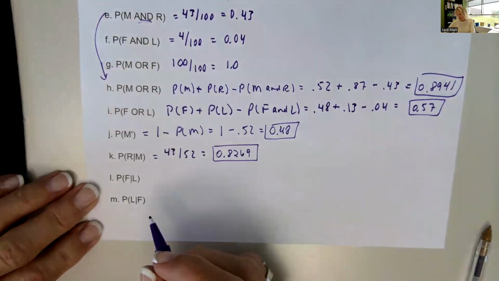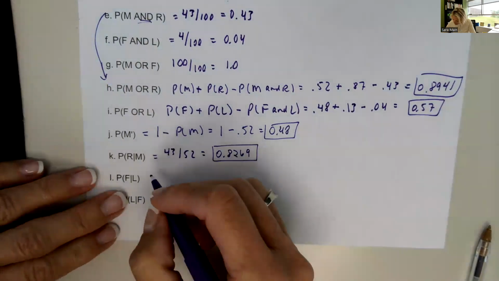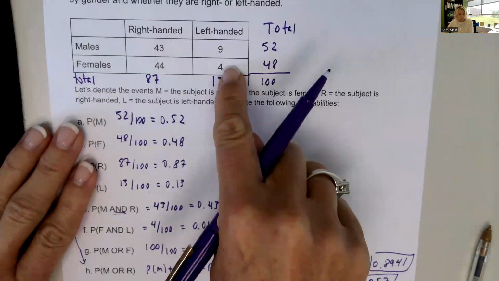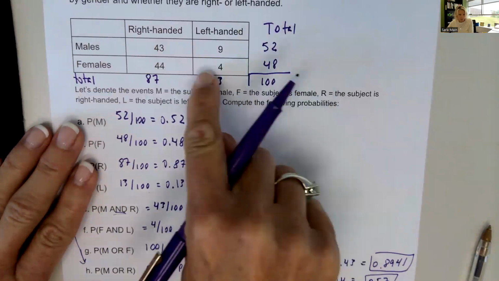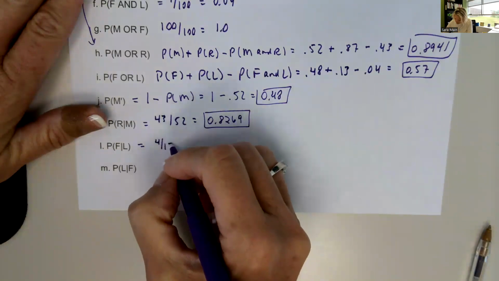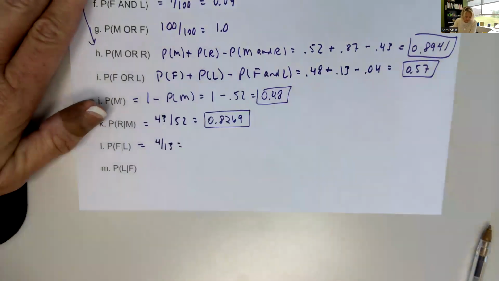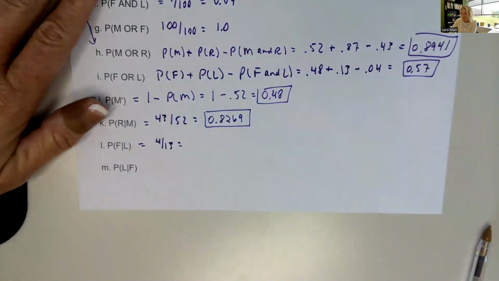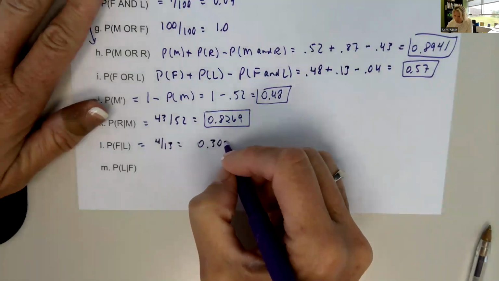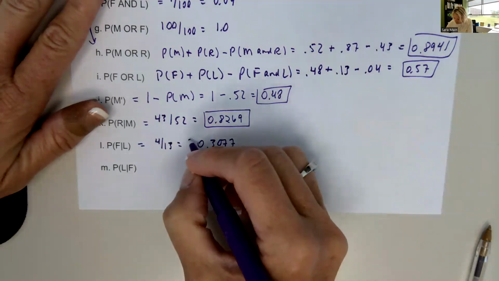The probability of being female given you're left-handed. Of the 13 left-handers, 4 of them were female. So 4 out of the 13 is 0.3077.